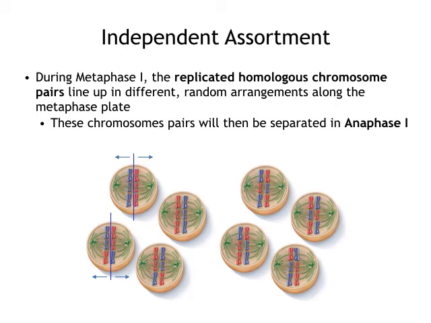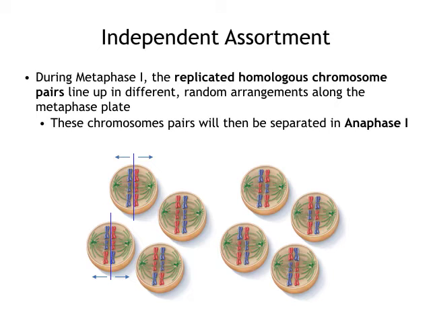After anaphase 1, in the first cell you're going to end up with one cell that has only blue chromosomes, whereas in the second cell you're going to end up with cells that have a mix of blue and red. The other cells in here are other possible arrangements of how the chromosomes could line up in the center.